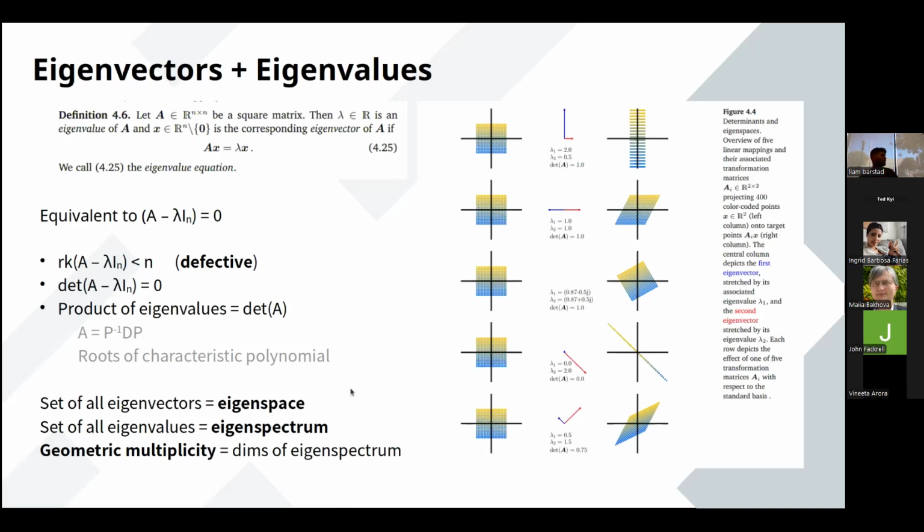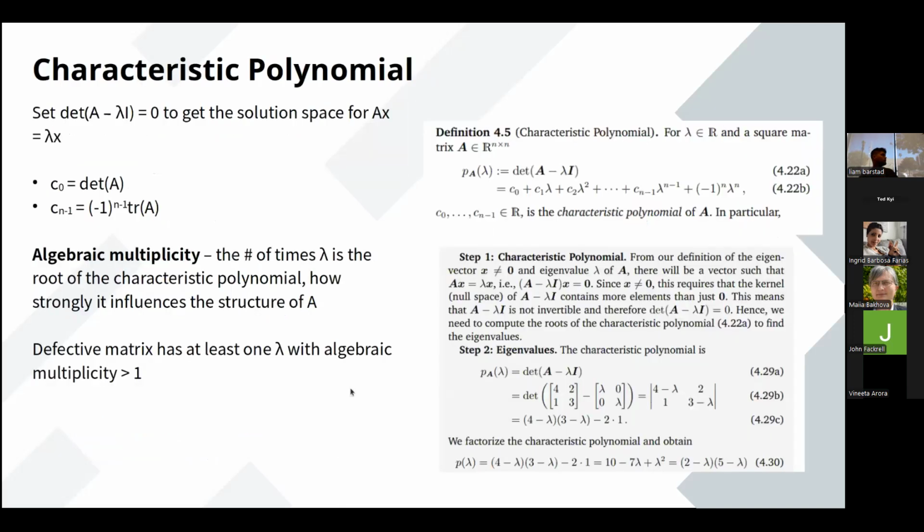I'll talk about this in a second, because the characteristic polynomial seems like a way to solve for and get the eigenvalues and the eigenvectors. So that's why I'm talking about this really quickly now. You can get the same equation: the determinant of A minus lambda I equals 0, and then you get the solution space.